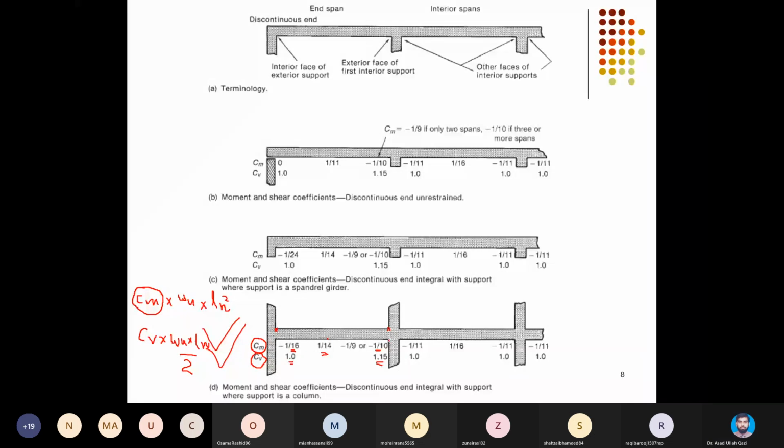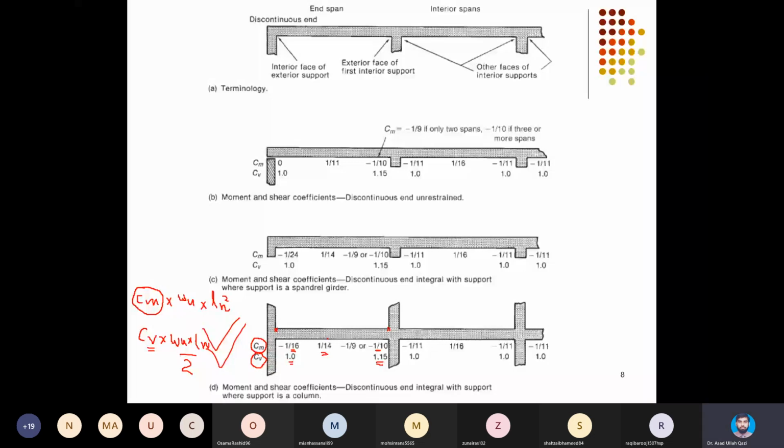So more shear is transferred to the face of first interior support, while on exterior support it was WL by 2, but you will get 1.15 as the distribution of shear when you will be selecting the shear coefficients.